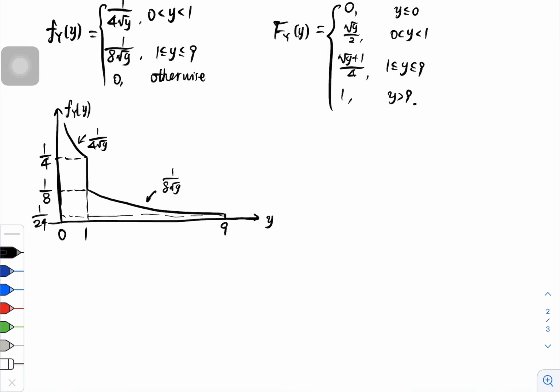As for the distribution function, we draw about 3 parts. For 0 to 1, it ends at a half.